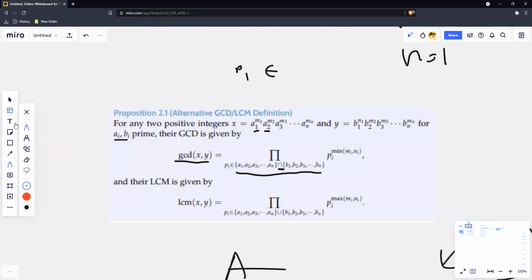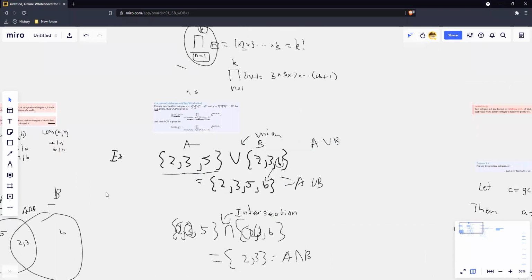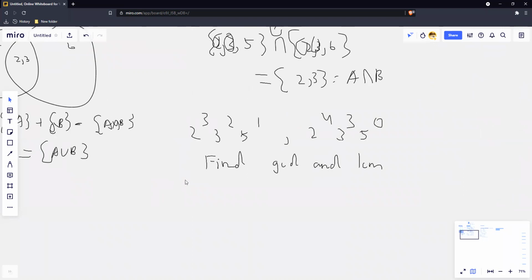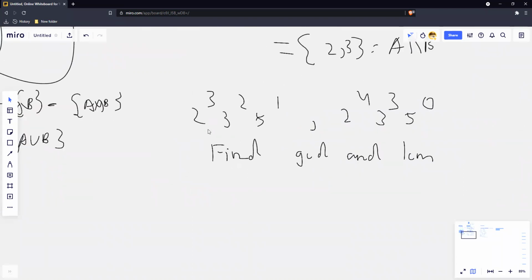So we'll go to this example. What we are finding is what primes these two numbers have in common. Let's call this x, let's call this y. So we have 2 cubed, 3 squared, and 5, then 2 to the power 4, 3 cubed, and 5.